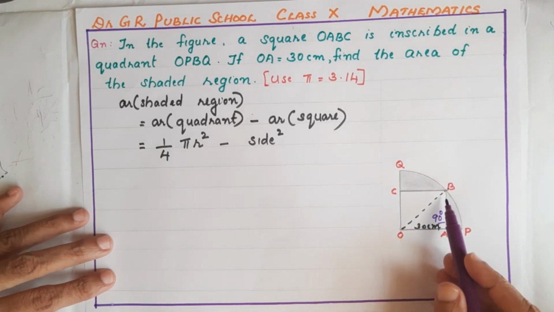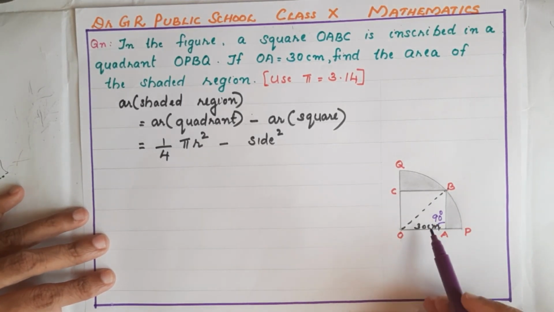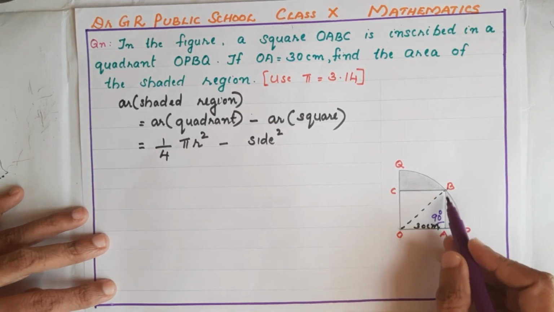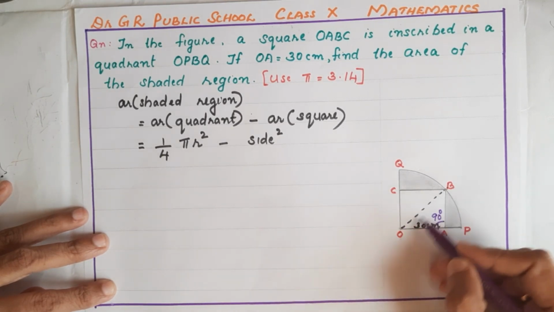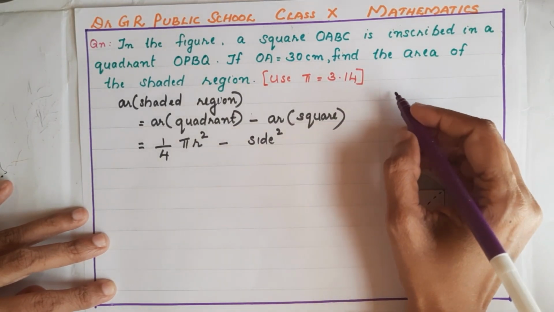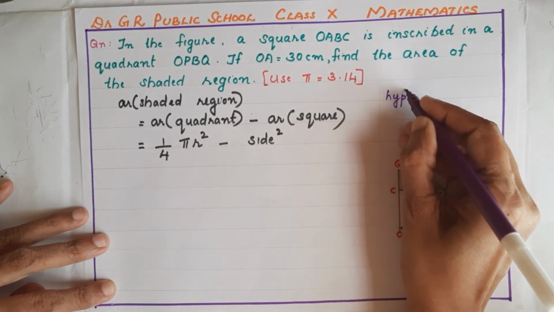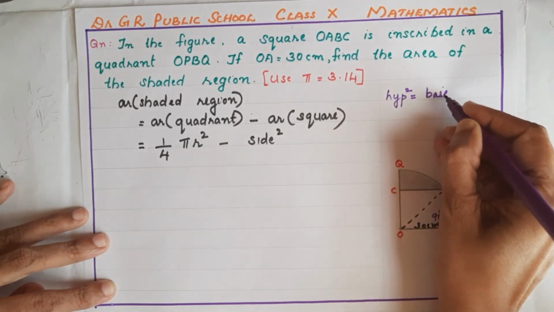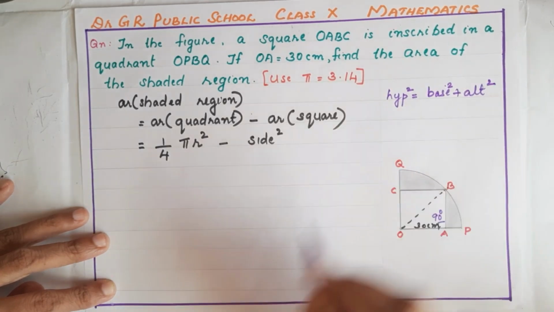So what we can apply? We can apply Pythagoras theorem. Okay. By putting the values for OA and AB, we can apply Pythagoras theorem. OB is the hypotenuse. By Pythagoras theorem, what we know? Hypotenuse square is equal to base square plus altitude square.